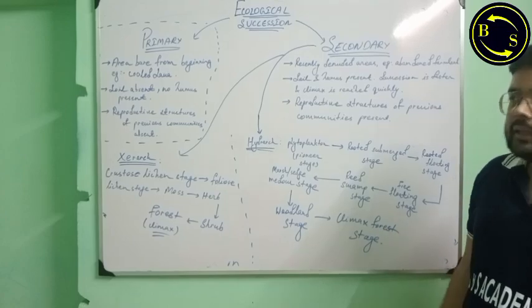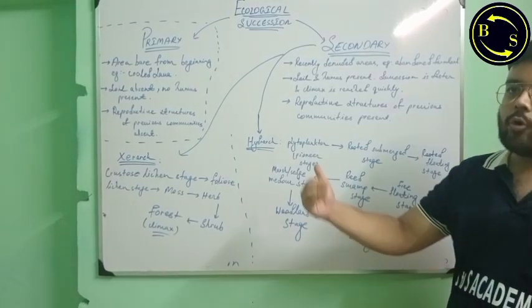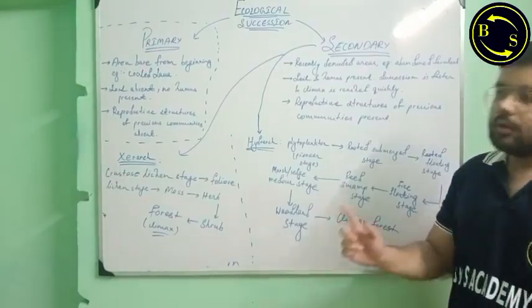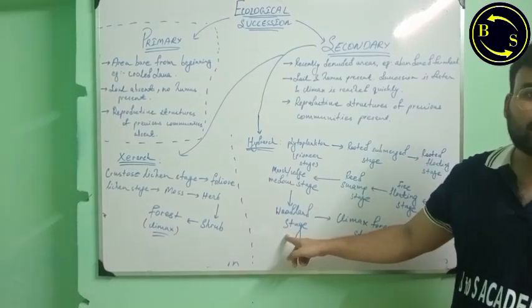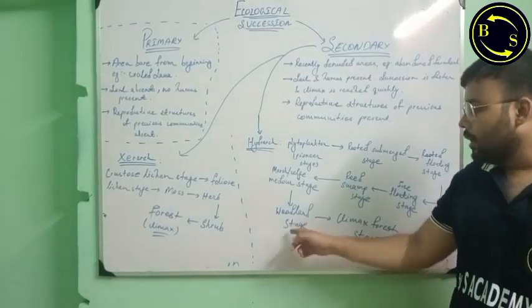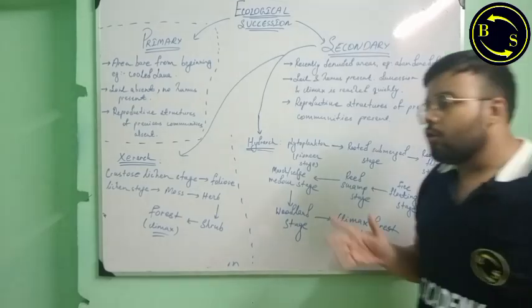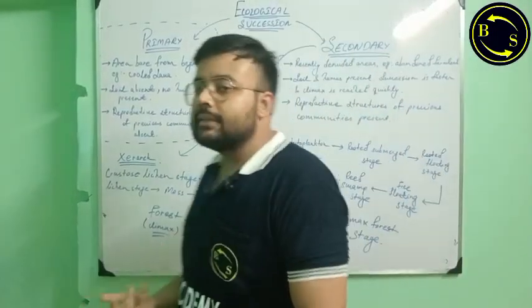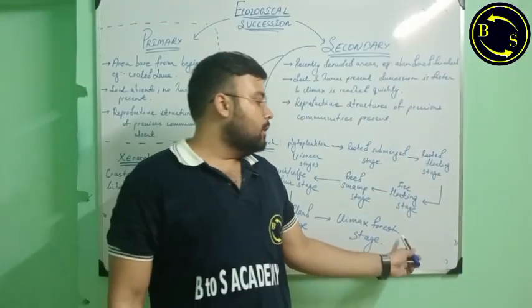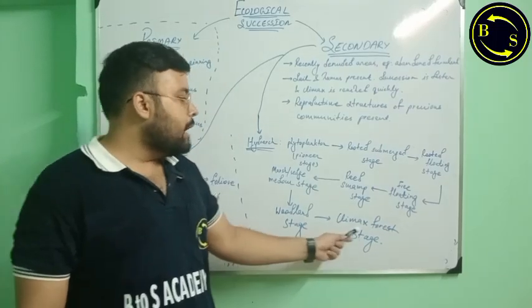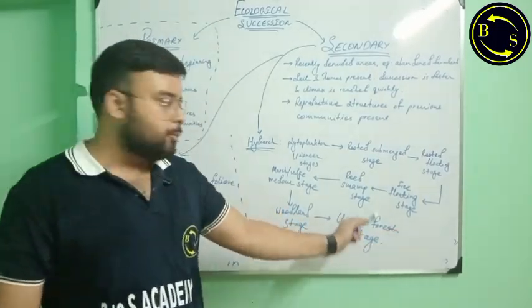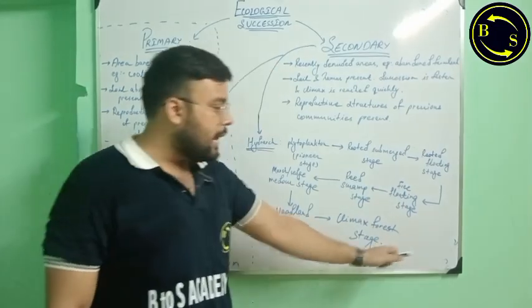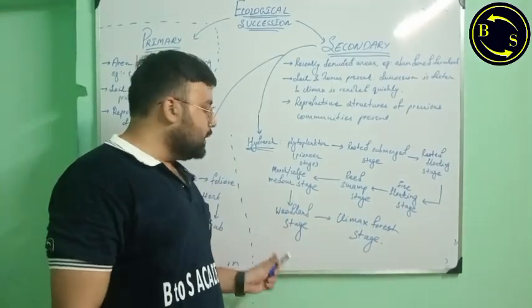Next, as the community progresses towards the land near the water body, it is dominated by the gymnosperms, the woodland stage, and finally we have the climax stage, the climax forest stage, made up of both angiosperms and gymnosperms, both monocots and dicots, and they replace the woodland stage.